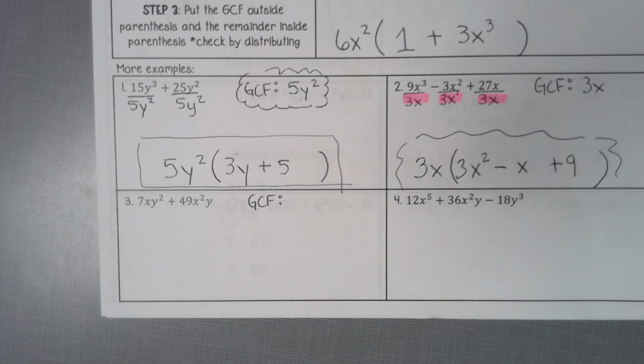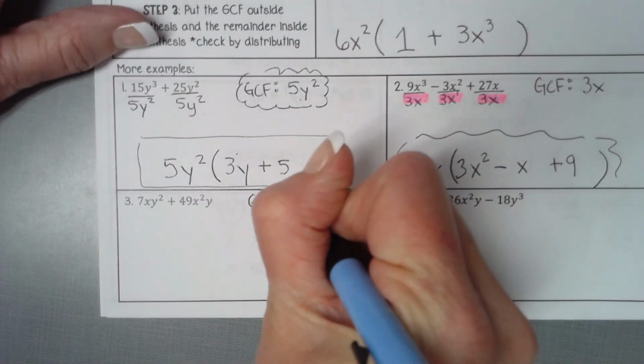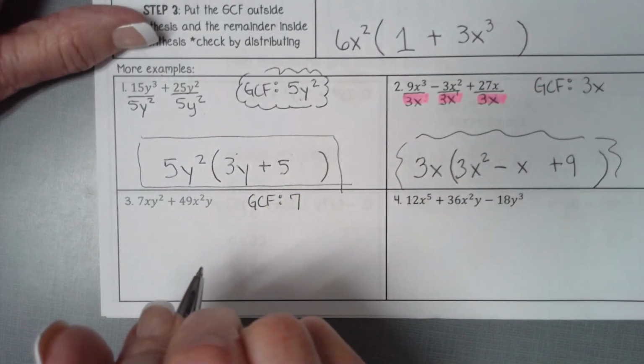You do all 3 separate. Okay, between 7 and 49, what's the greatest common factor? 7. It is 7.